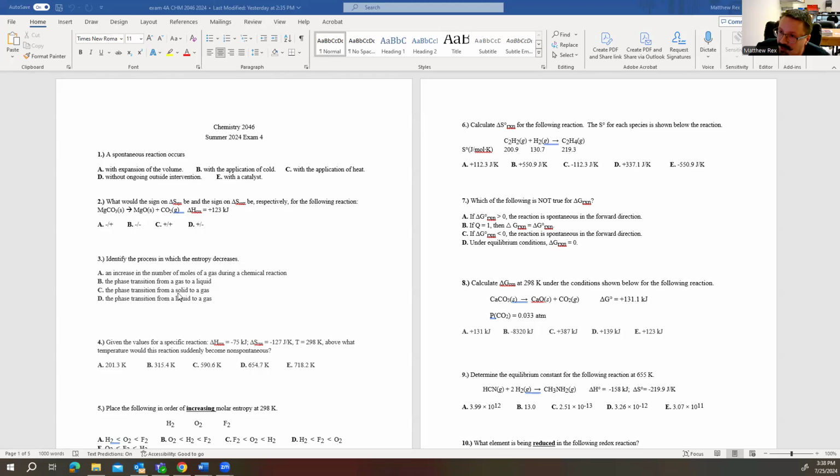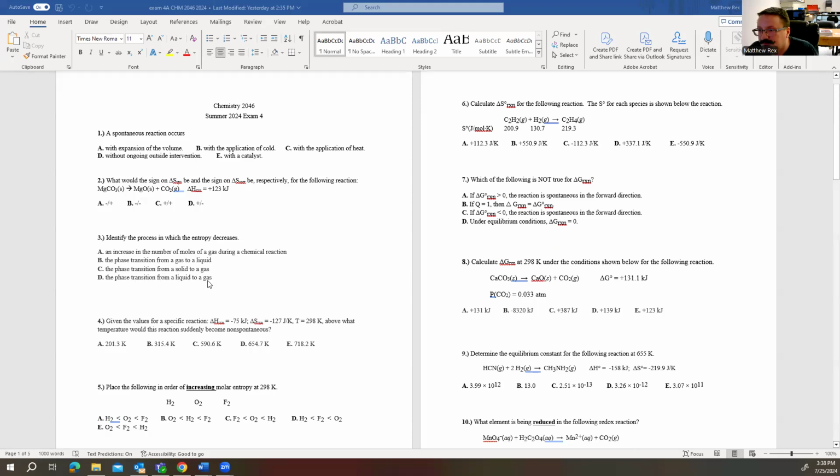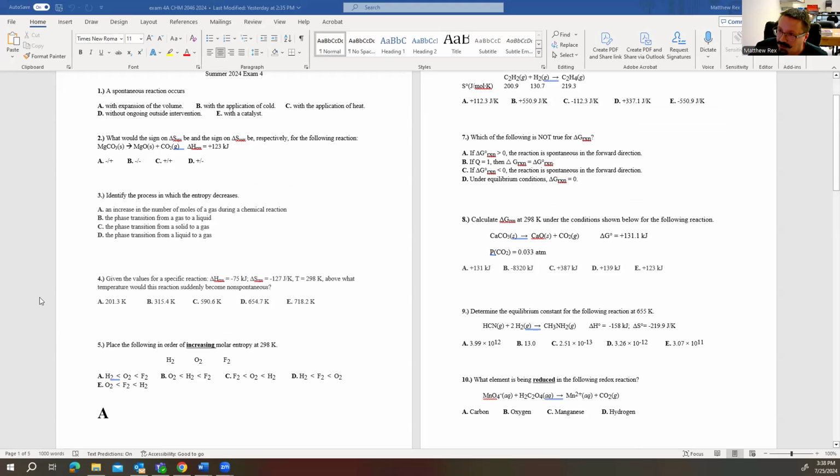Transitioning from a solid to a gas, that's going from a more ordered state to less, so that should be an increase. Transitioning from a liquid to a gas, same thing. But B, the phase transition from a gas to a liquid, should be going from a less ordered state to a more ordered state. So in that case, we would see the entropy decreasing only for B.